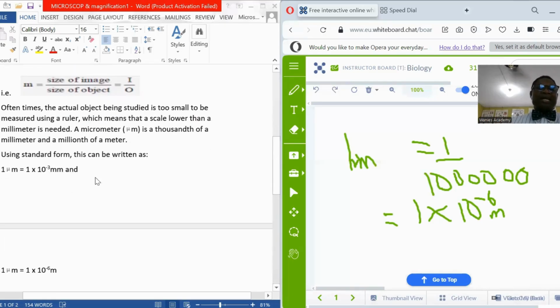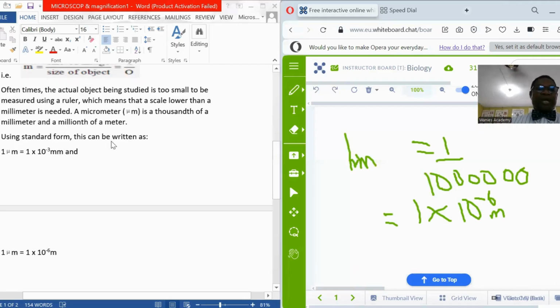Like I said earlier, because the specimen is very minute, we use smaller units known as the micrometer. A micrometer is 1,000th of a millimeter and a millionth of a meter.